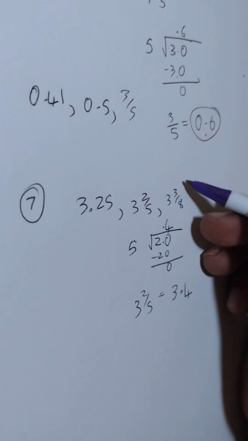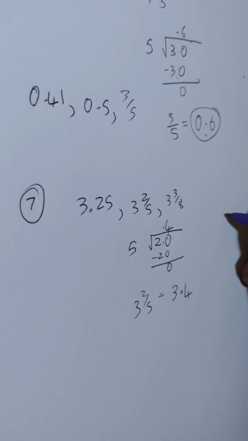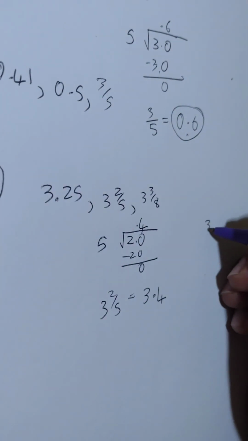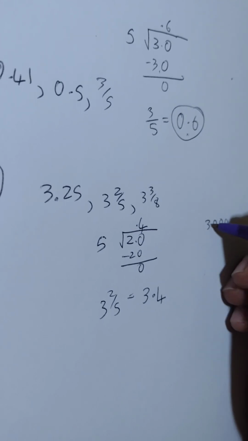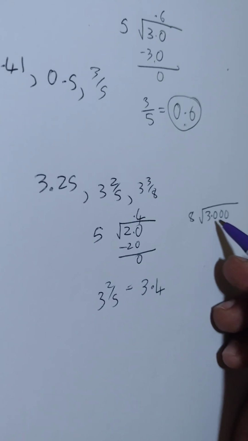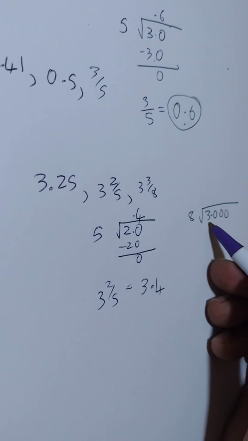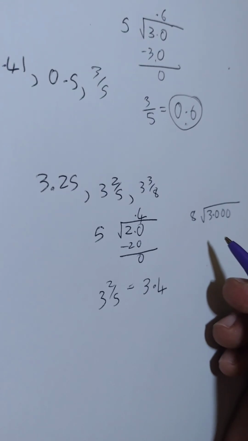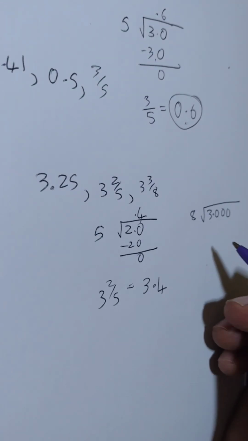Next one, let's take the 3 over 8. 3 over 8 is 3 divided by 8. So we take the 3 and put the 0.00s, as many as we might need, and divide it by 8. How many times does 8 go into 30? Because of course 8 doesn't go into 3. That's why we're looking at 30. 8 times 2 is 16. 8 times 3 is 24.